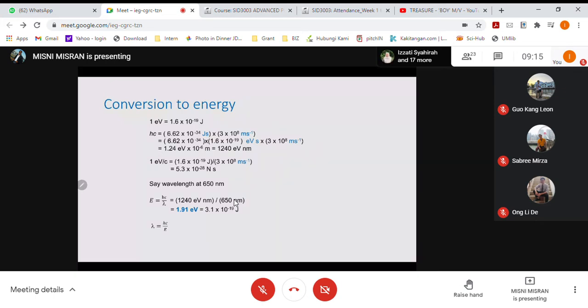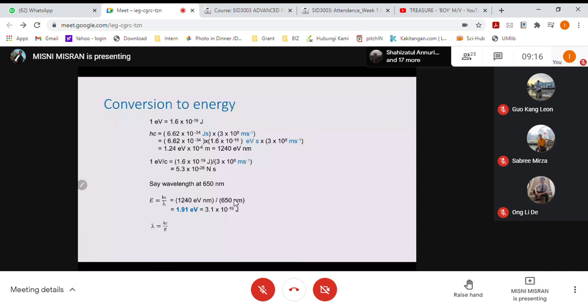Now, 1 electron volt is equivalent to 1.6 times 10 to the minus 19 joules. So this is, you've seen it before, right? So if you look at the energy, the speed of light over the lambda, you plug in all these values.